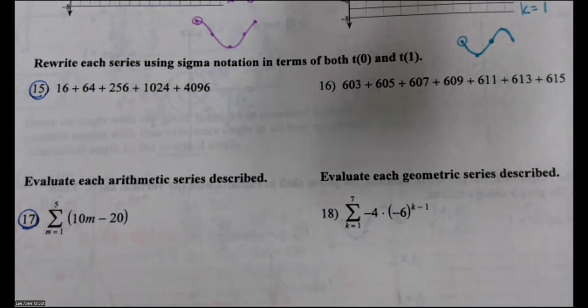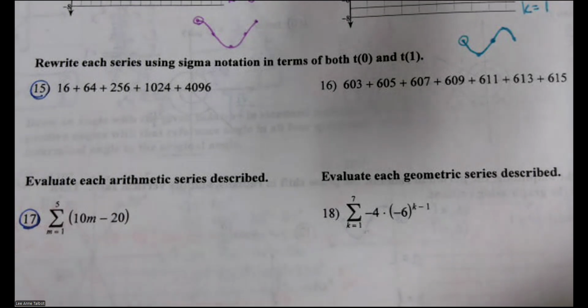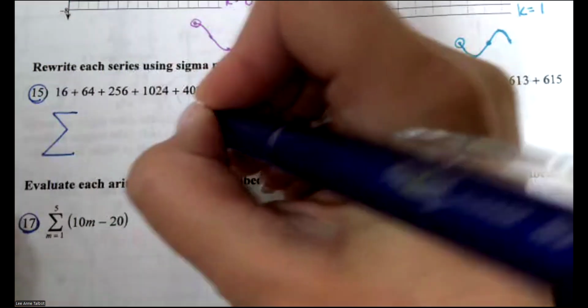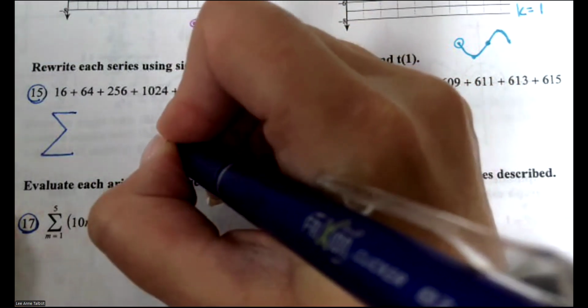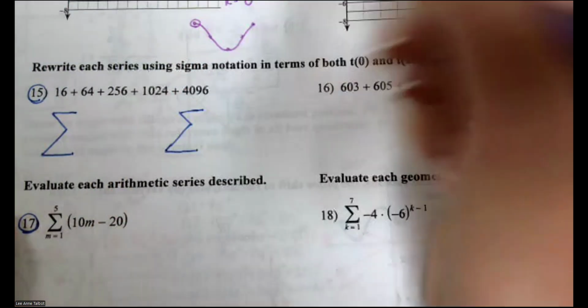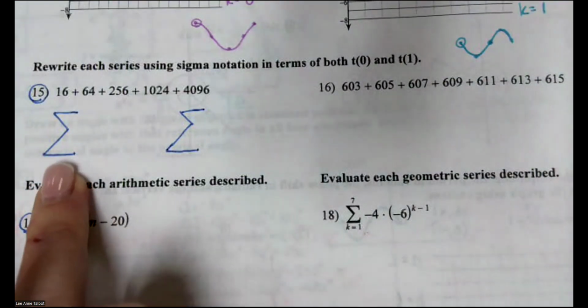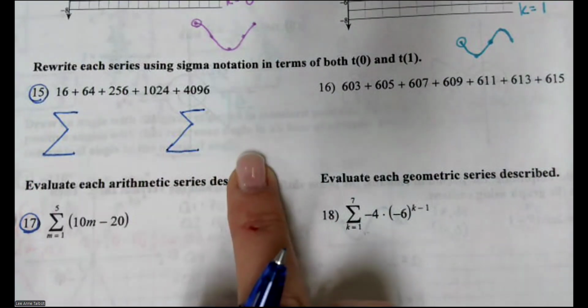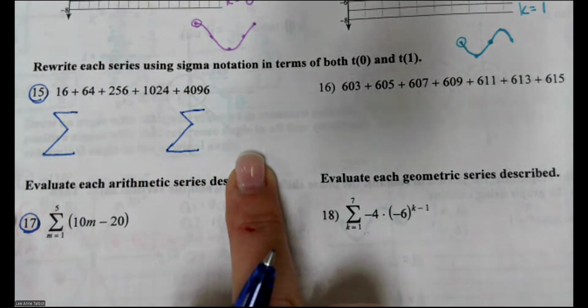Okay. Number 15, rewrite each series using sigma notation in terms of both T0 and T1. So make two sigmas. This one's going to be our T0. This one's going to be our T1.